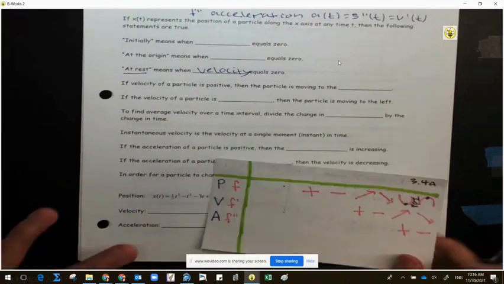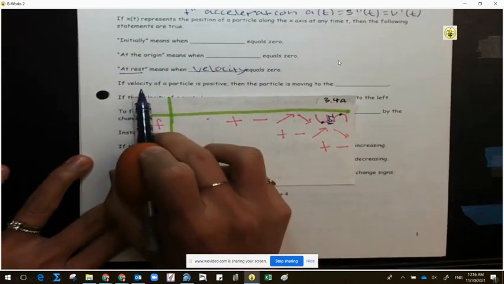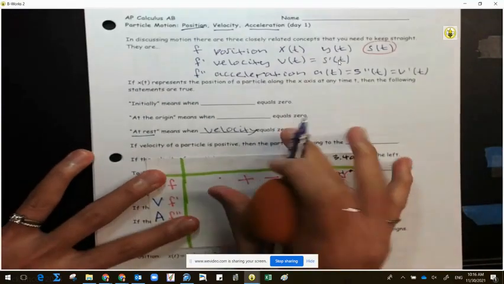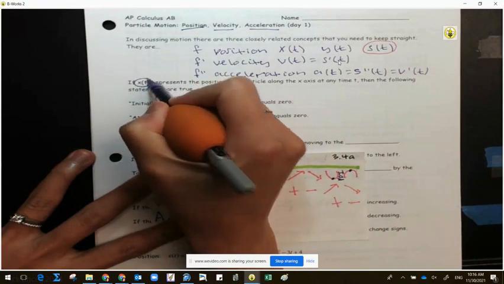And then going back to my card, if the velocity of the particle is positive, and I forgot to read this part right here, if x of t represents the position of a particle along the x-axis. If something is going along the x-axis, is it going up and down at all? No, it's only going left to right.